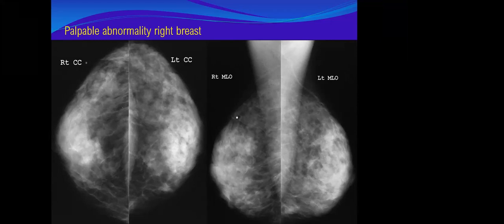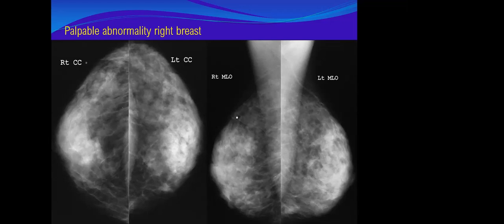So it is an asymmetry because I cannot appreciate it in the MLO. Since I could not see it in the other view, it might represent an asymmetry. I would like to confirm it by spot compression view.